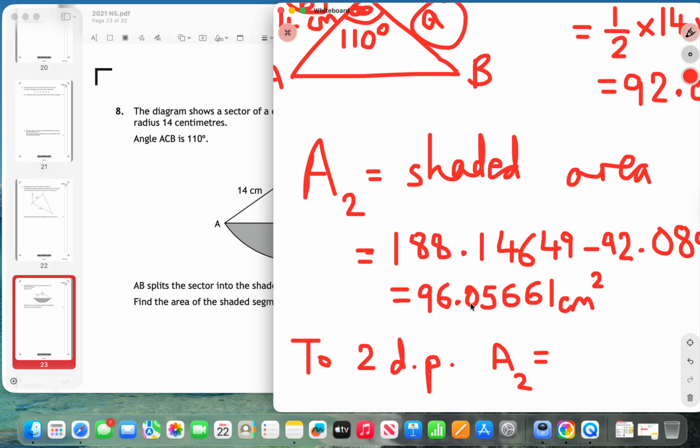The 100ths column is 5, in which case we then round up to 96.06 centimetres squared, and that's us done that section.